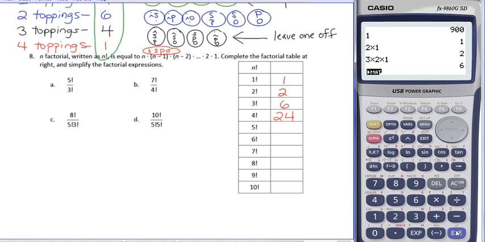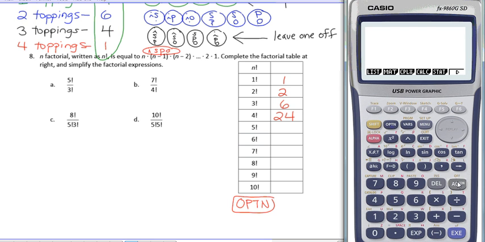Eventually, these things are going to get to be a pain to type into the calculator or to figure out in my head, so I want to show you where a button is. On your calculator, if you go under Option, so I hit the Option button on mine. Oops, wait, let me clear this out.